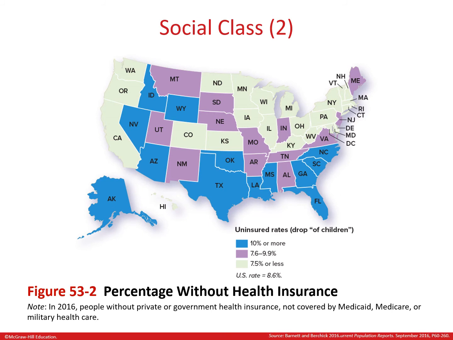I just wanted to point out Florida, Texas, and North Carolina, which are states right now showing high cases and hospitalizations of people with COVID. So we have a lot of uninsured there as well. The only exception, I believe, is California.